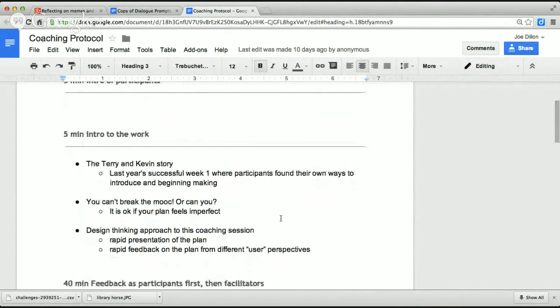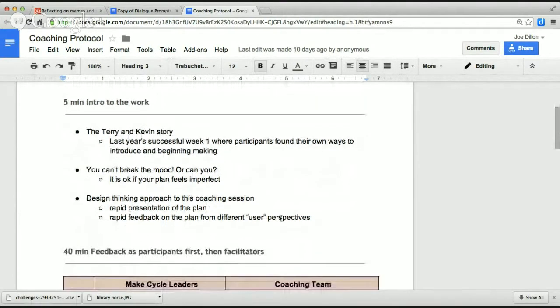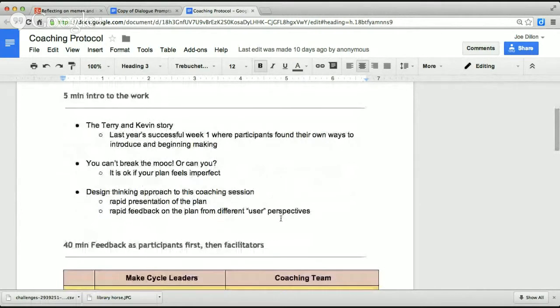So, there's a little introduction in terms of telling would-be facilitators about last year's experience, and some of the things that shifted on us in terms of our plans leading the Make Cycles. We think one thing's going to happen, and then this large community takes things in different directions.